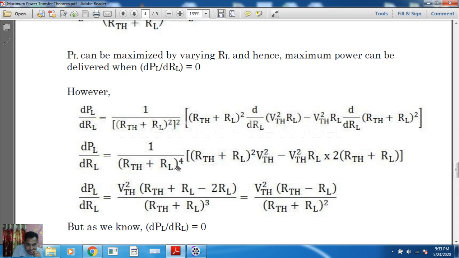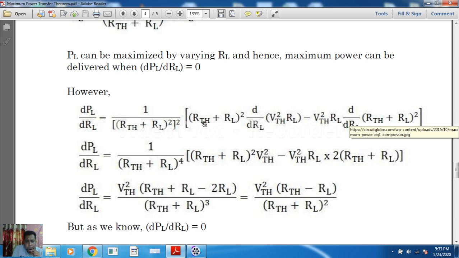So in the next line we get this, and in the upper section we have B into d/dt of A minus A into d/dt of B. That we know from the concept of mathematics.